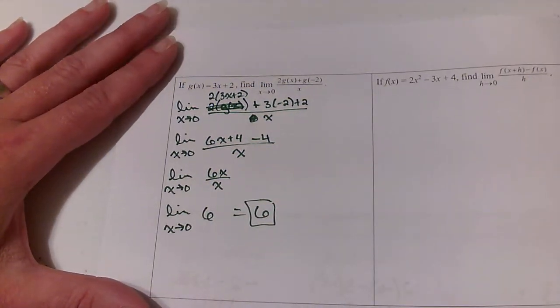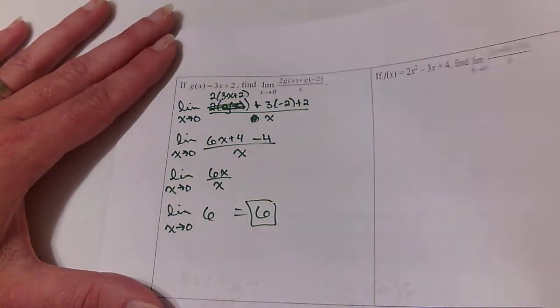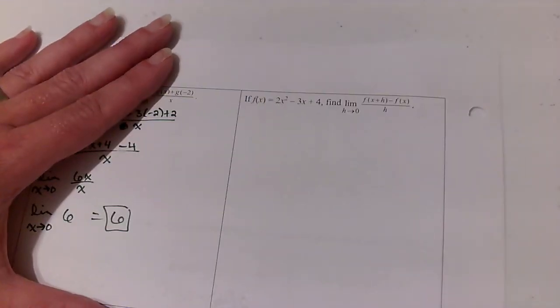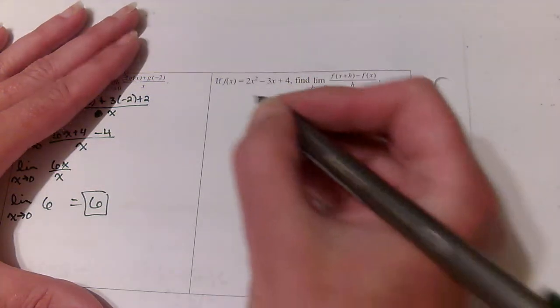Well, that was so much easier. I like that. Let's try this one. 2x squared minus 3x plus 4. And then it has us plugging in some stuff. So let's be careful here.